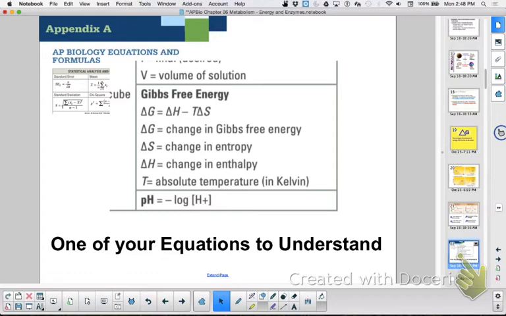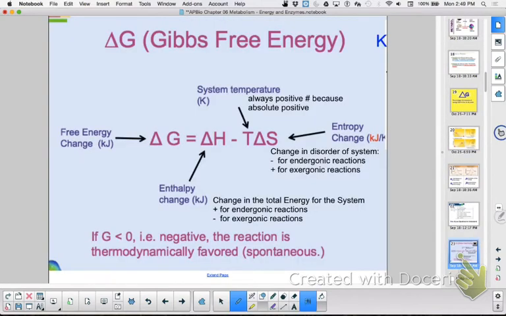But if I'm going to greater disorder, if I'm exergonic and I'm releasing and I'm breaking down, then my disorder must be high, right? A lot of disorder. So my delta S would be what? Big. So therefore, since I'm subtracting that off the total change in enthalpy right here, then I'm probably going to have a negative number.